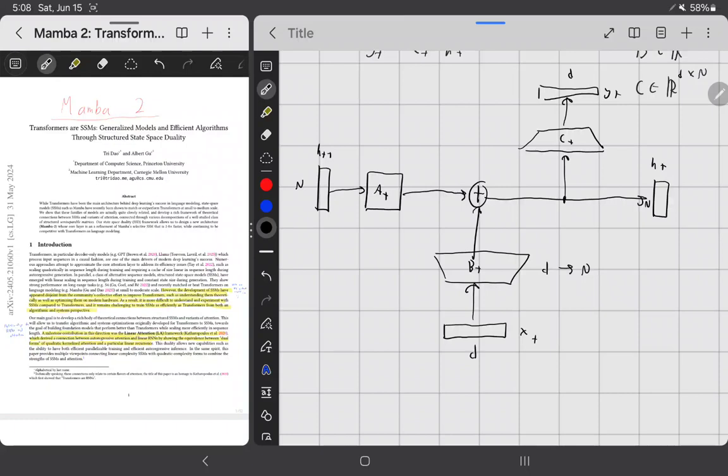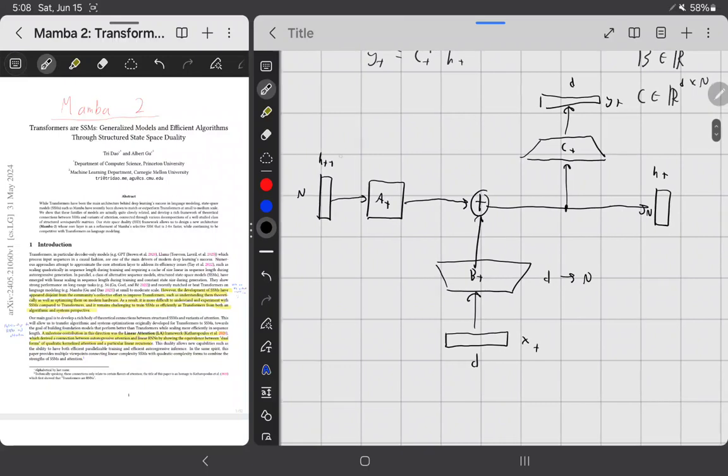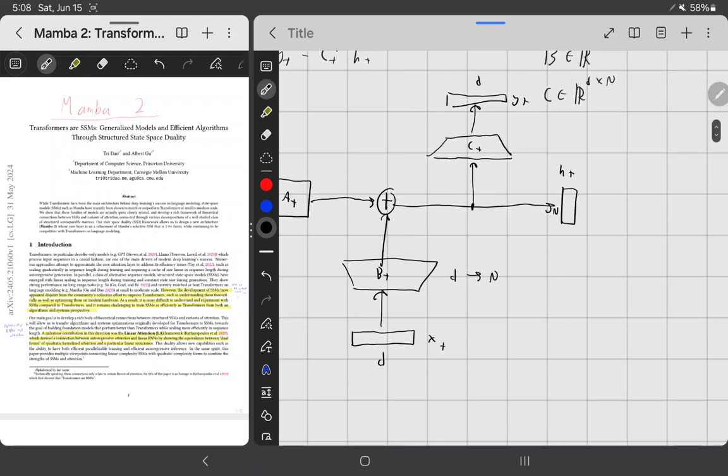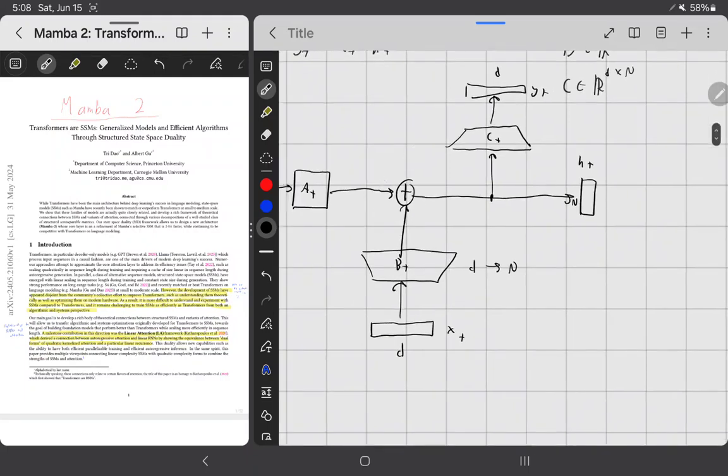And the reason you have this A matrix is to kind of collapse or refine how the information in H stays there. So you make it such that H doesn't blow up and diverge as you keep on adding to it through this part here. And that's what A did.